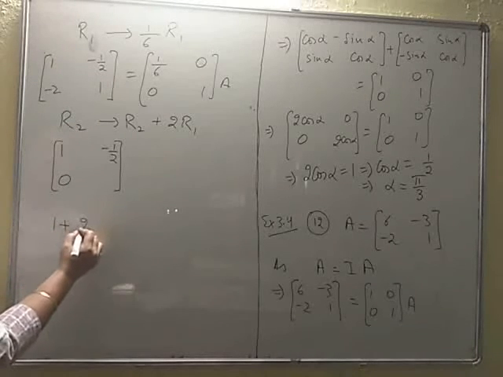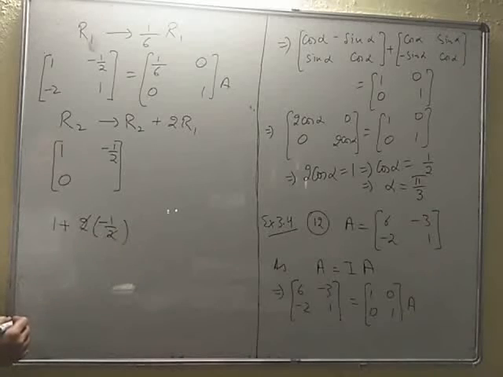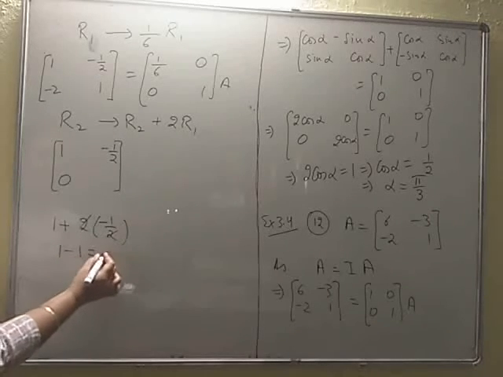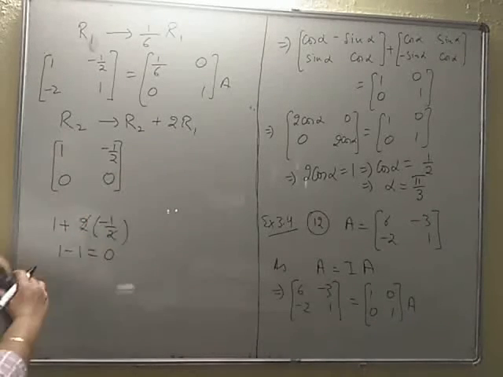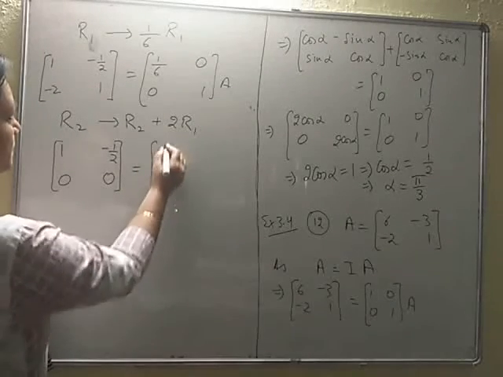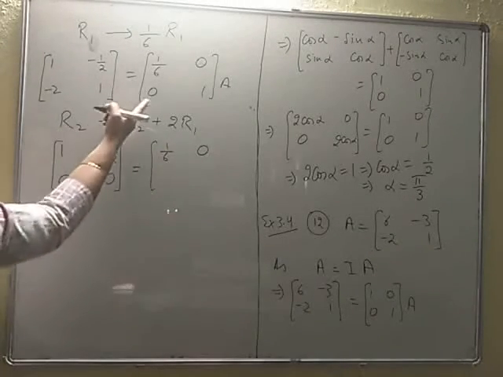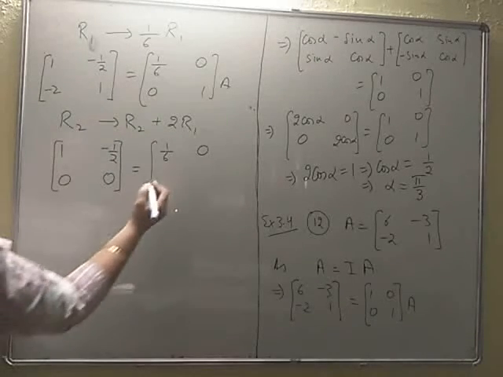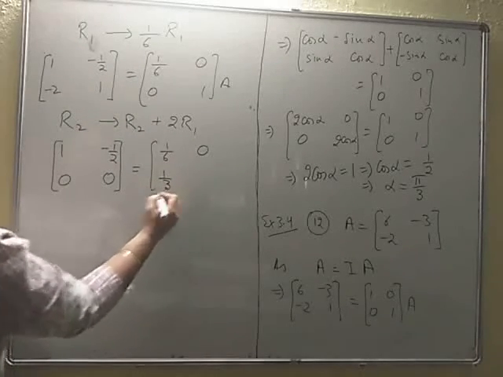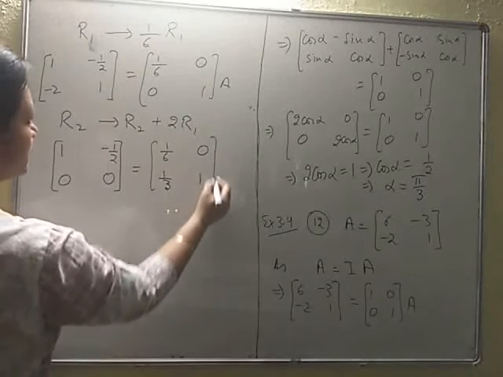To this we are adding 2 times minus 1 by 2. So you see 2 and 2 get cancelled out. We have 1 minus 1 which is 0 only. On the right side, first row as it is, second row we have to change. So it is 0 plus 2 times 1 by 6. This will reduce to 1 by 3. This will be 1 plus 2 times 0 which is 1 only.